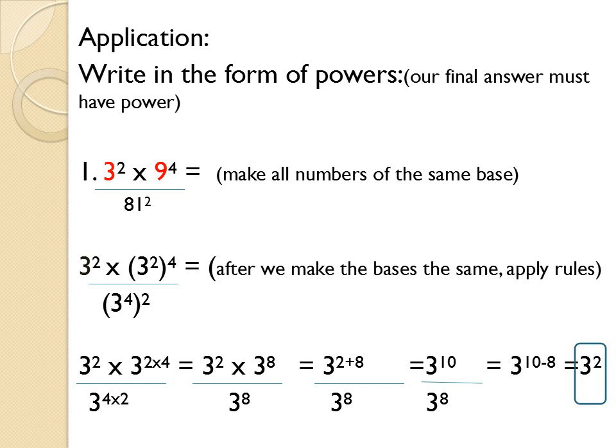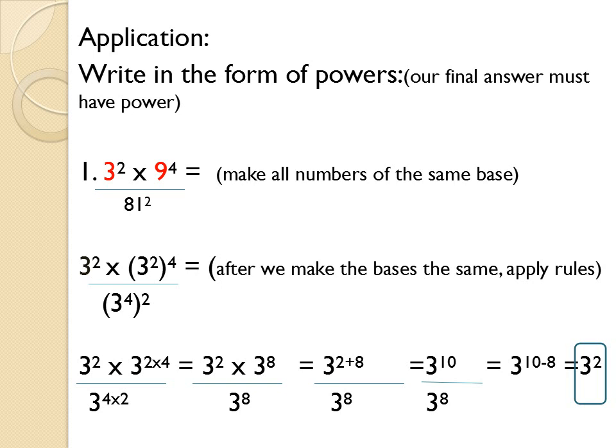Over 3 power 4 times 2, equal to 3 power 2 times 3 power 8 over 3 power 8. Here we must again add the powers. Why? Because we have the same base, and between the bases we have multiplication. So we add powers, over 3 power 8.